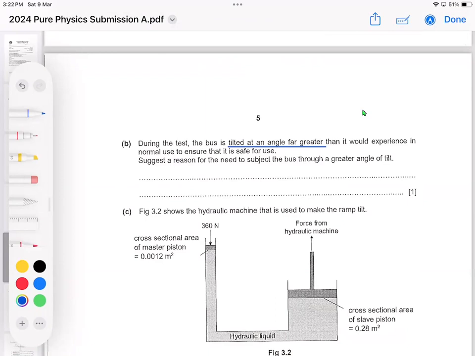Let's talk about why the CG may be higher, for example. Is it because the wheels shifted? Actually, the wheel is a constant one. The wheel doesn't change. How about the composition of the bus? The CG might shift due to the composition of the bus.